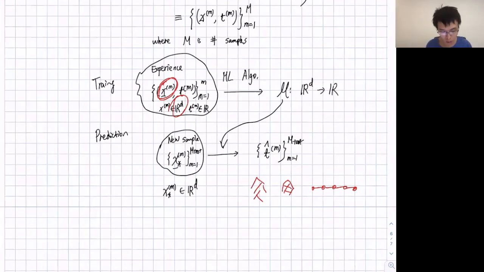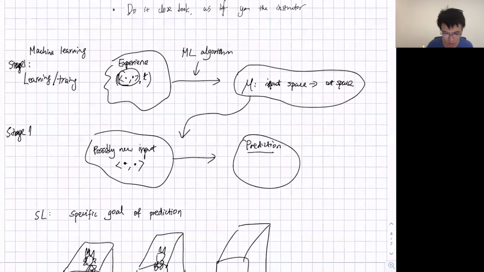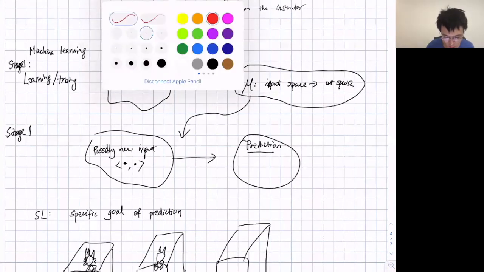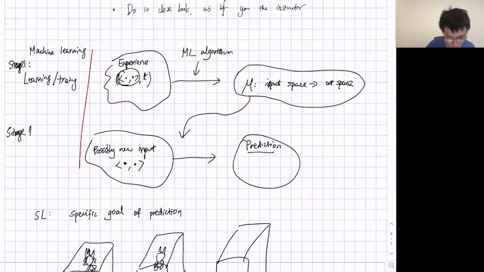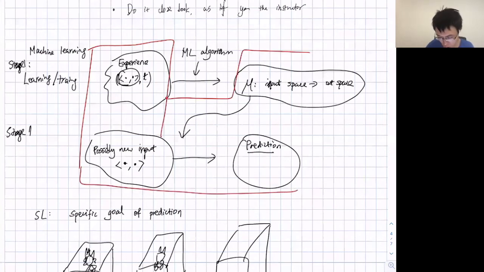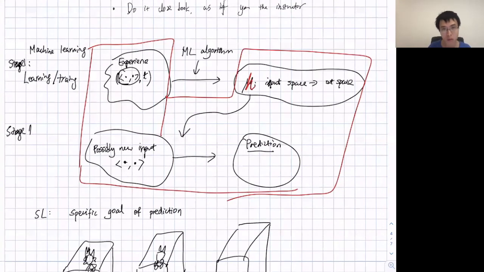So we are now clear about what is a machine learning task or what is a supervised learning system. We know what is the training set. How about the learned model, and how can we use the learned model to make a prediction? This is also known as the hypothesis.